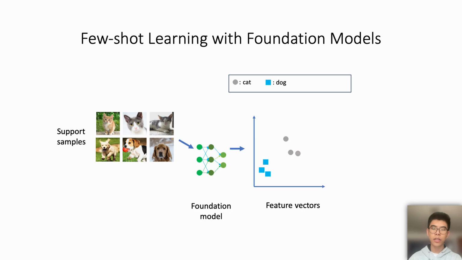Then, the user could use the foundation model to extract features for these support samples, and subsequently train a linear classifier on these features. Given a testing input, the user also uses the foundation model to get its feature, and then its label could be determined using the classification boundary.